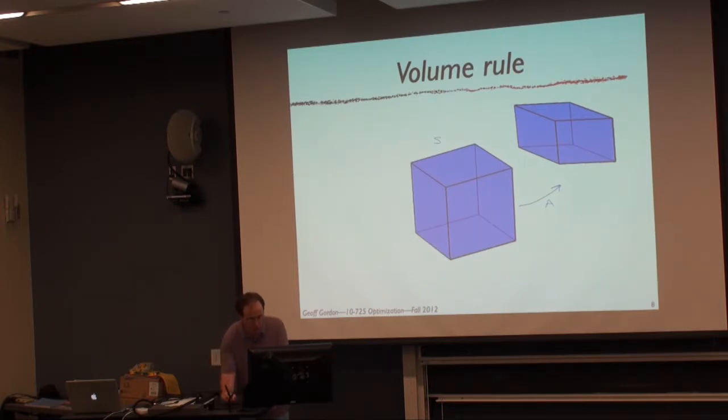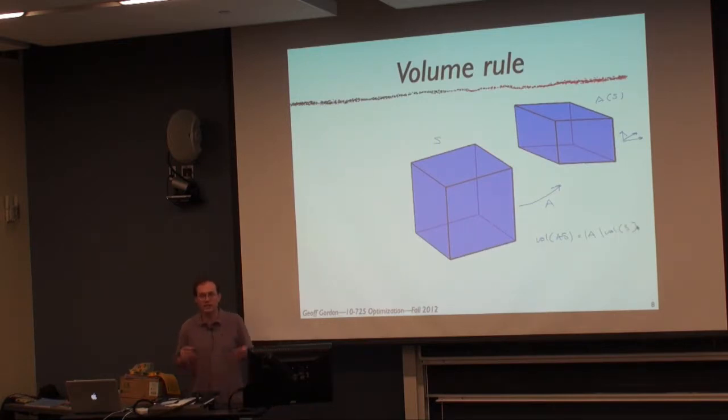We might know the volume of S, and we want the volume of A of S. To do that, we essentially take the product of its height, width, and depth, and it turns out that we can do that by writing the following. The volume of AS is equal to the absolute value of the determinant of A times the volume of S.